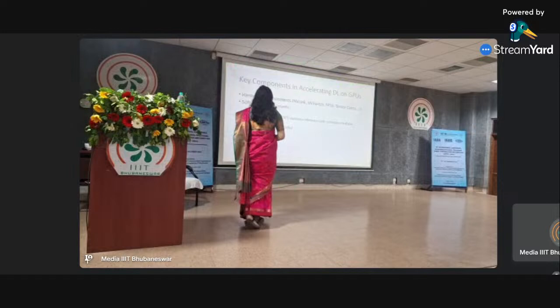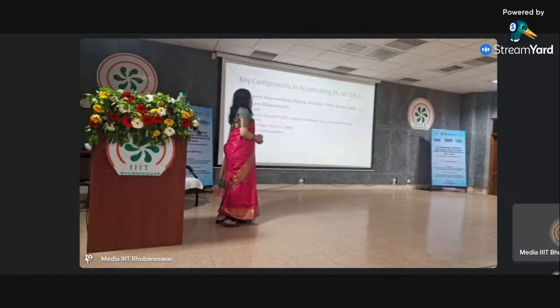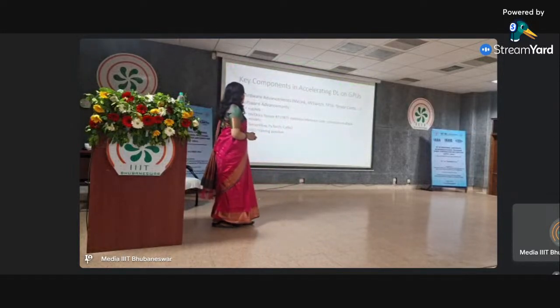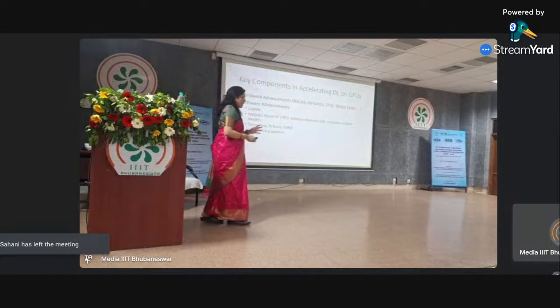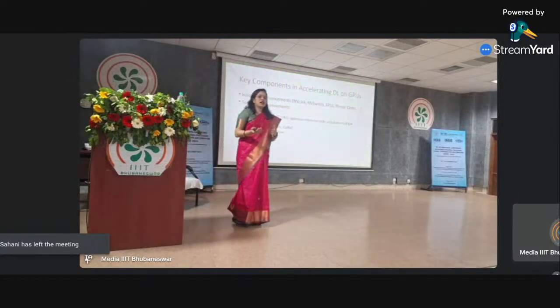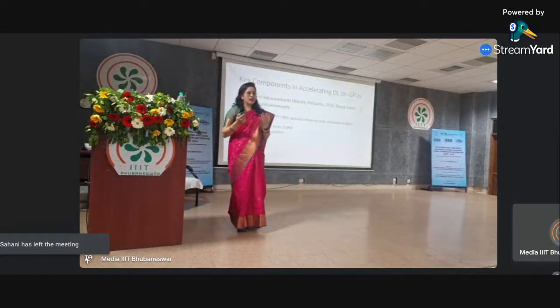So to summarize, the key components in accelerating deep learning on the GPUs include different hardware advancements, which we talked about, that is NVLink, switch, tensor cores, and so on. There are also a lot of software advancements, like, you know that anybody who is working on ML extensively uses those libraries.